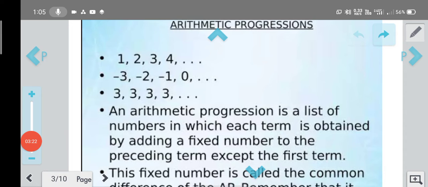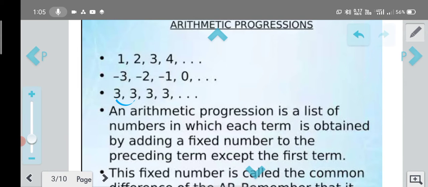Now consider the third sequence 3, 3, 3, 3 and so on. Here also you can see the fixed number between two consecutive terms is 0.